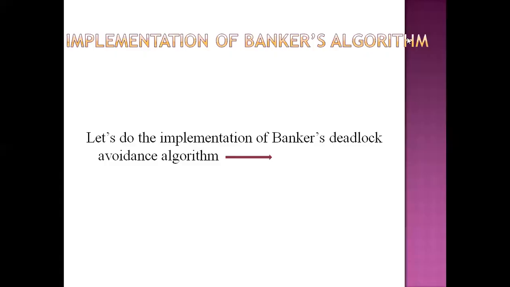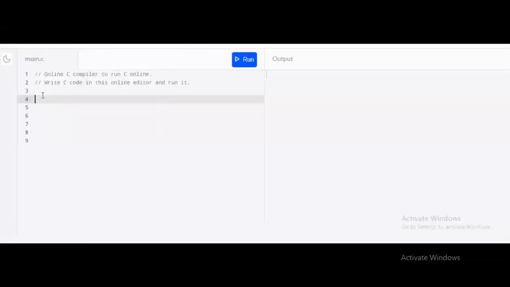Now let's do the implementation of the Banker's deadlock avoidance algorithm in C language. For this, we used an online C compiler. The Banker's algorithm is very lengthy.